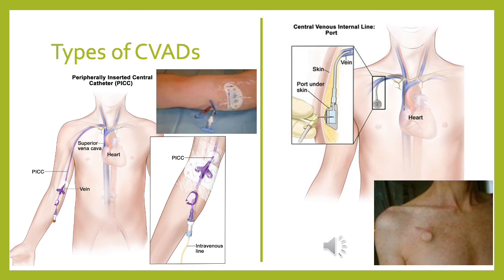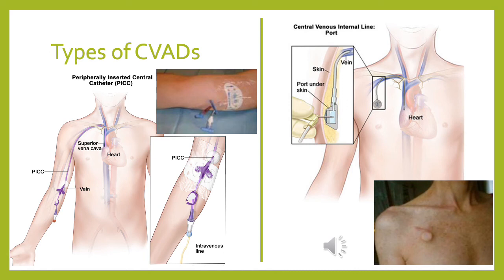The right-hand side is an implanted port. These are surgically inserted and completely covered by the client's skin. You can see on the bottom picture what it looks like when it's not accessed. To access this, you have to use a specific needle type that punctures the skin and also the top membrane of the port.